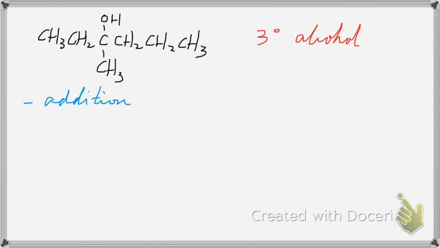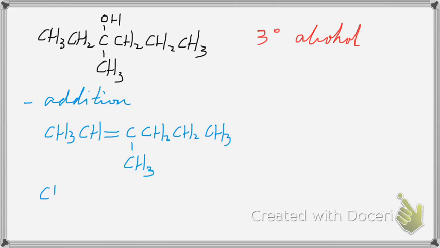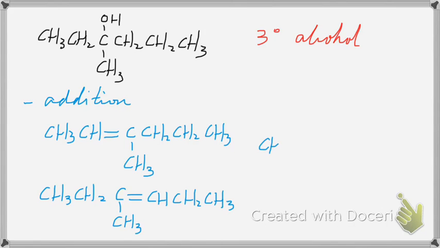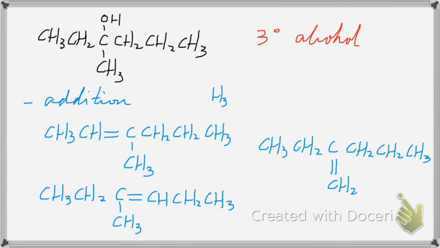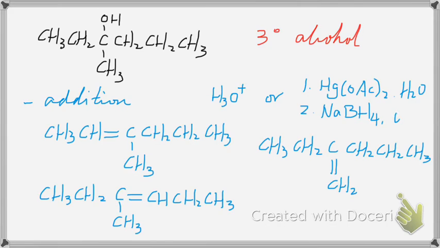We have 3 carbons around that tertiary carbon. So you have 3 choices, right? You can put the double bond on the left, on the right, or between the methyl and the tertiary carbon.